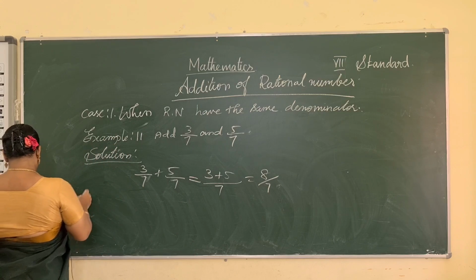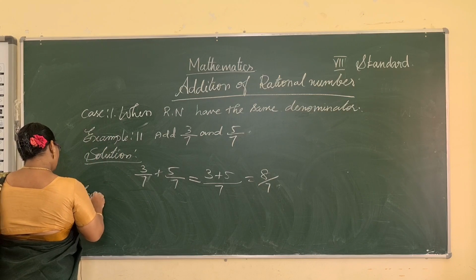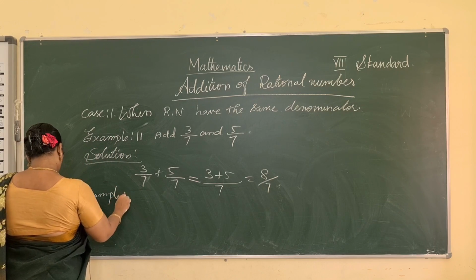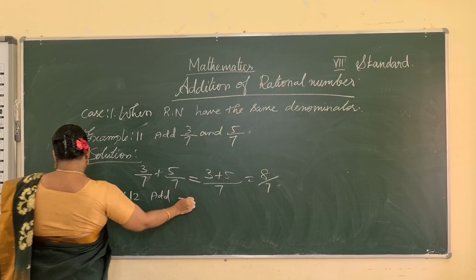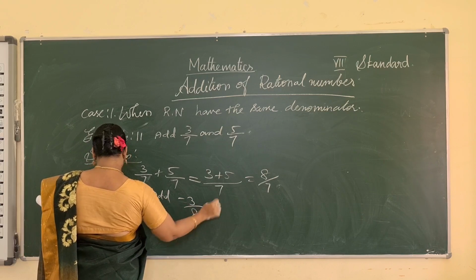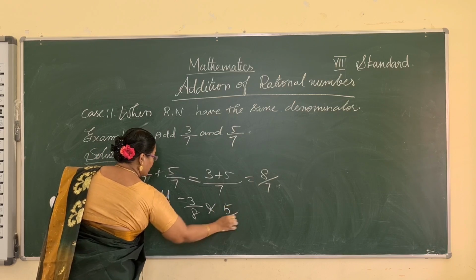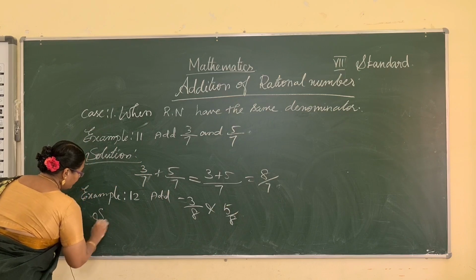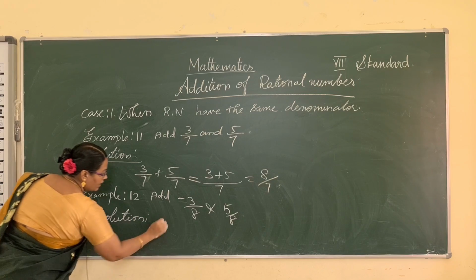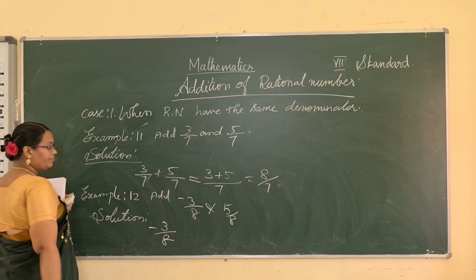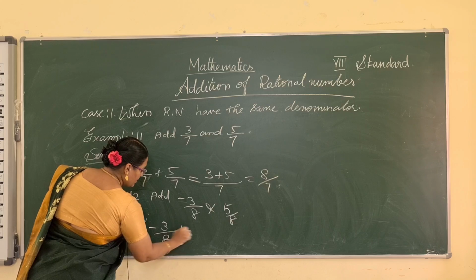See the example 2. Add minus 3 by 8 and 5 by 8. Simple. The solution: minus 3 by 8 plus 5 by 8.